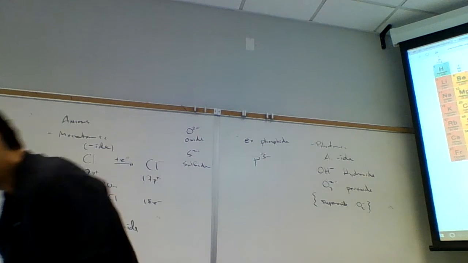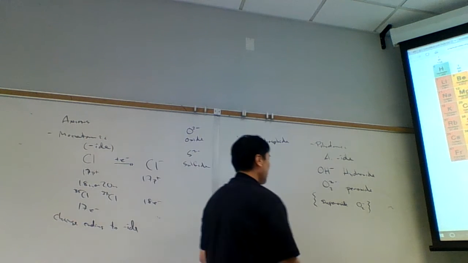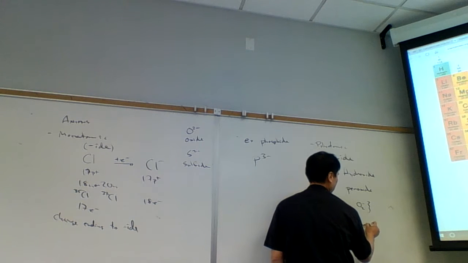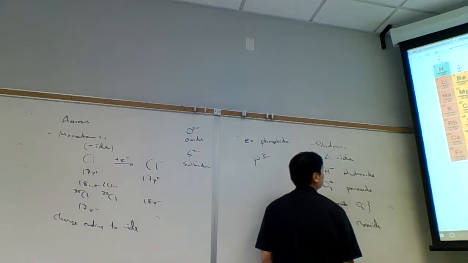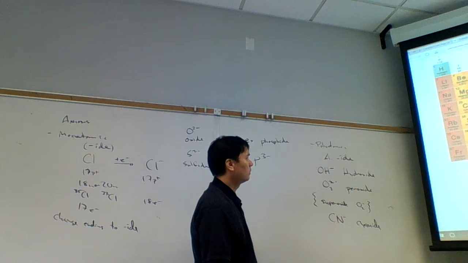What else do we have? We have CN minus. This one's called cyanide. Think of any others. Hydroxide, peroxide, cyanide.